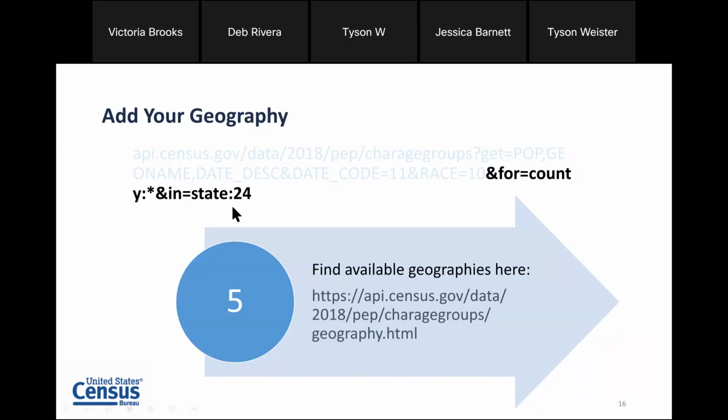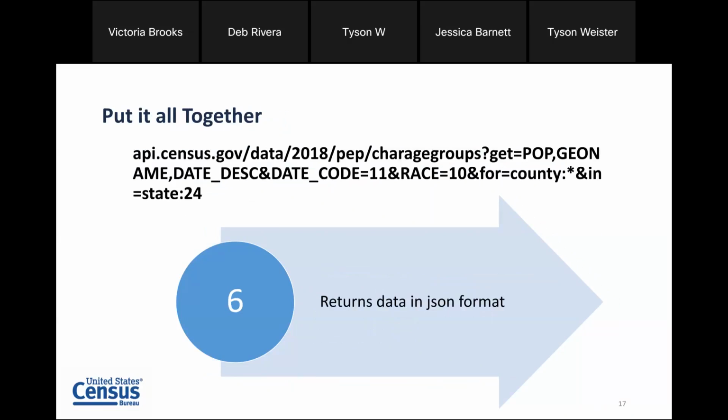The wildcard is always going to give you all available values for that particular option, in this case, all counties, and state 24 happens to be the state code for Maryland. So when we put this all together, we are asking for that data, and you'll run the request, press enter in your web browser, and then you'll get the results. In this case, we'd be looking at population for the Asian alone or in combination for all counties in Maryland.